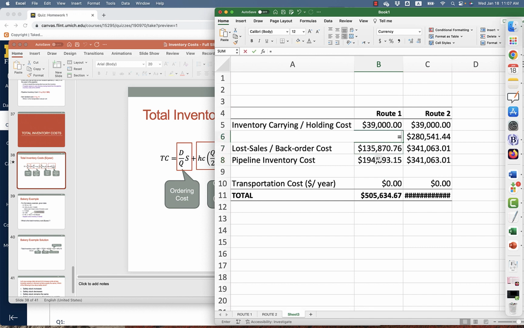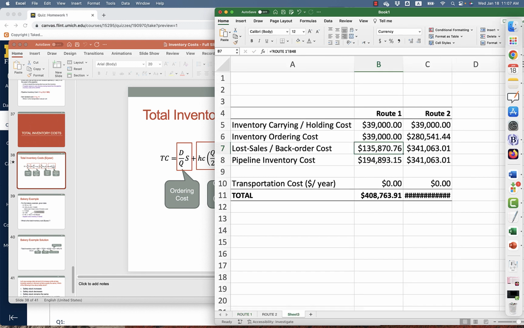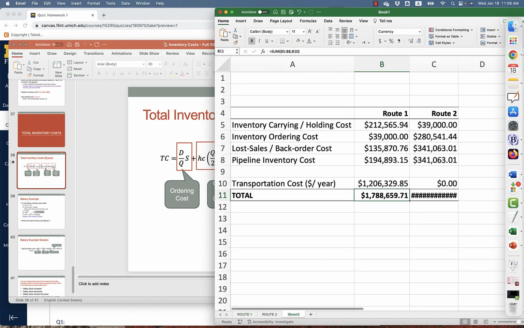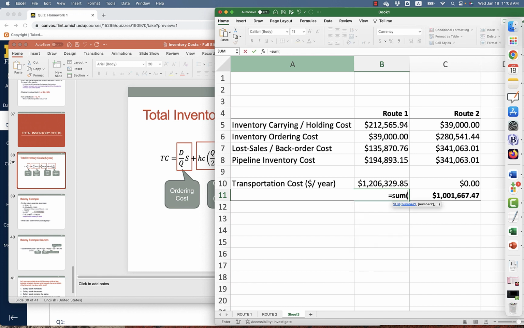Then the ordering cost is going to be right here, the carrying cost is going to be right here, and the transportation cost is going to be right here. So I'm putting them all on the same page so I can compare them, apples to apples. And then this will just be the sum of these 5 costs.